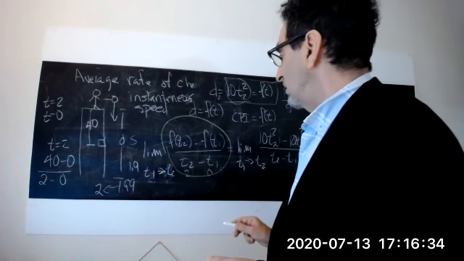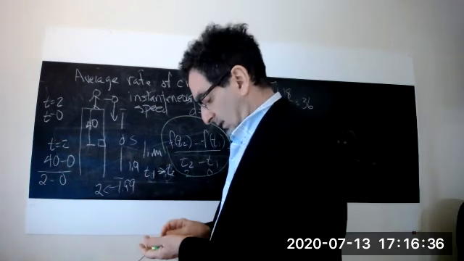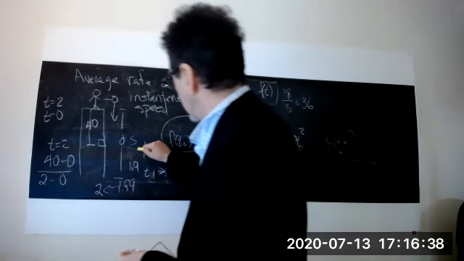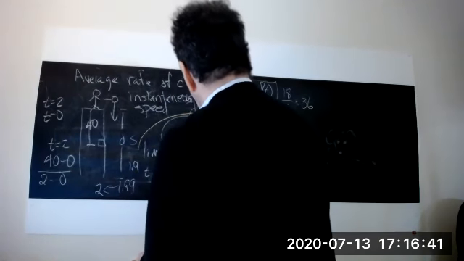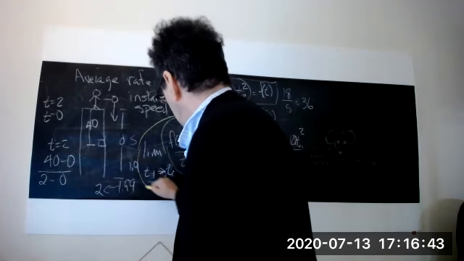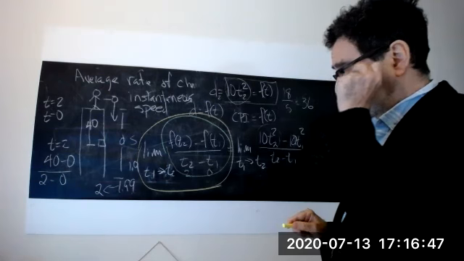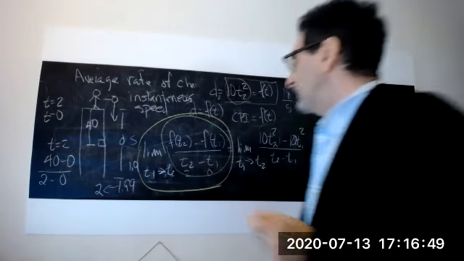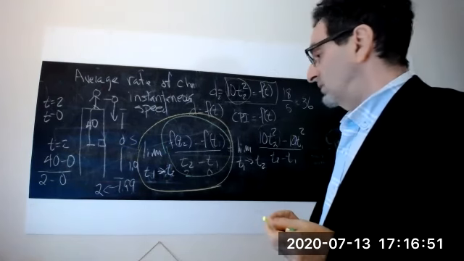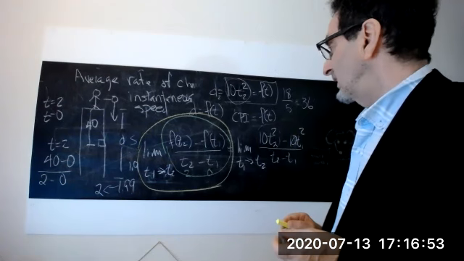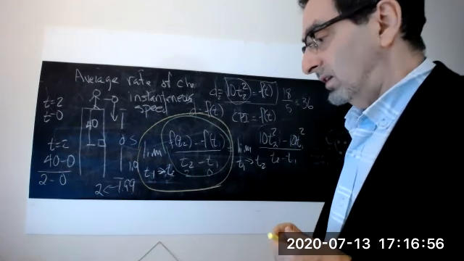And so this whole thing, I'll put it in yellow, is the instantaneous rate of change at T2. And that has a very special name, and that's called the derivative.